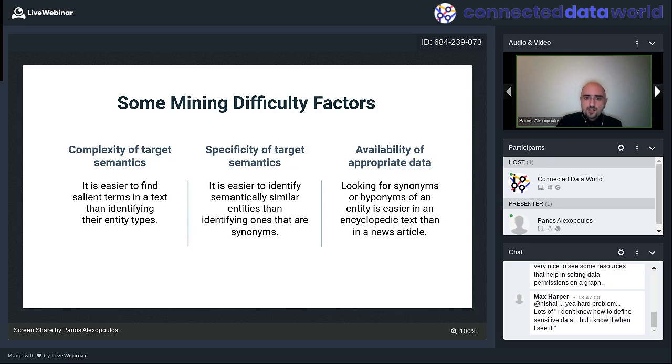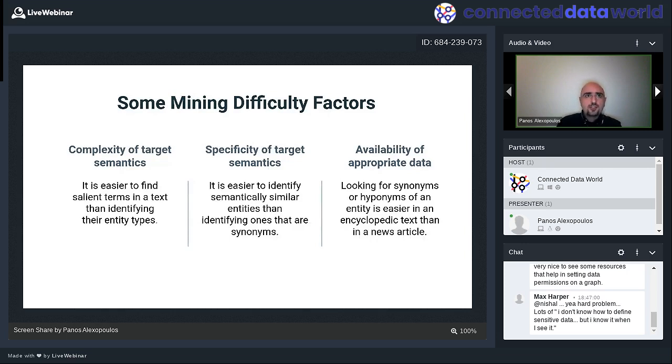Another difficulty is the specificity of target semantics. In the example that I gave earlier about film reviews, imagine that we want to find mentions of persons. Finding mentions of persons is much easier than distinguishing within the same text between actors, film characters, directors, choreographers, and other roles that people have, right? Why?